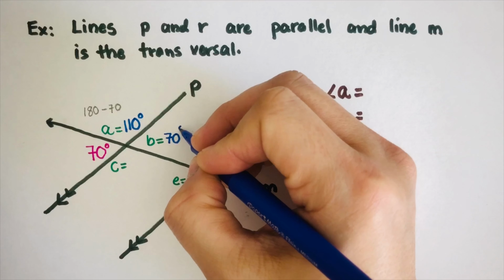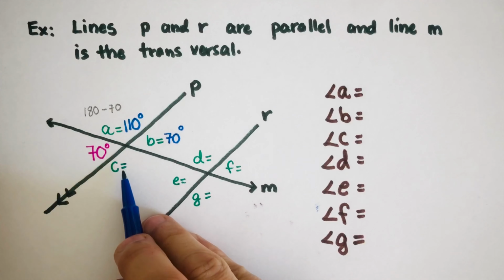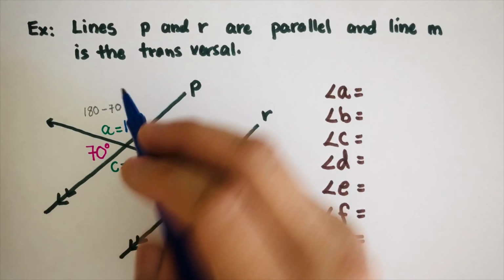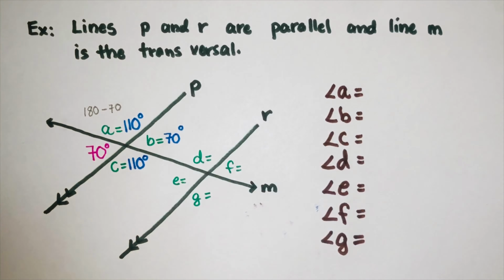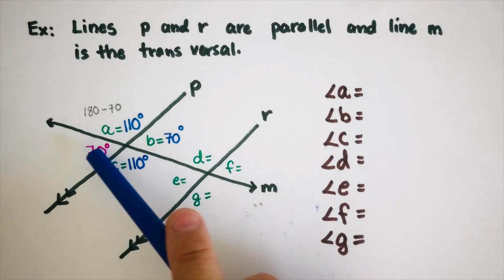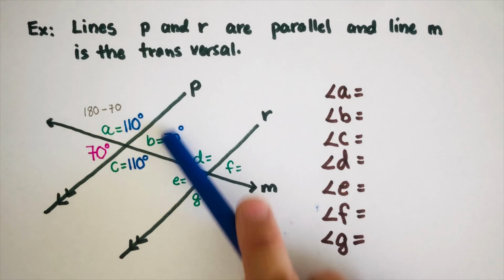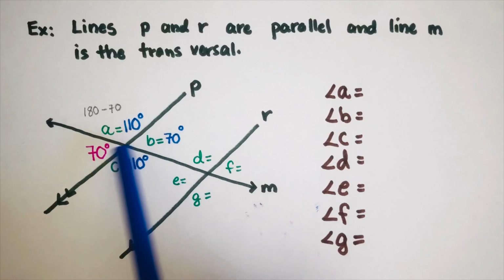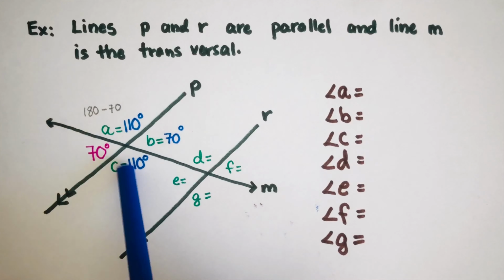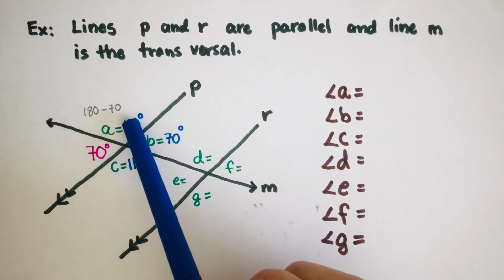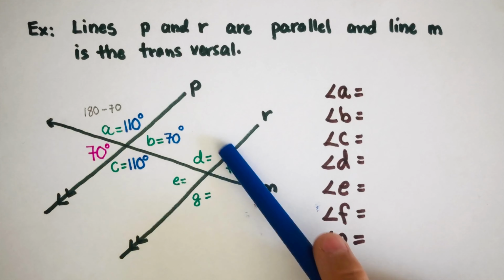So that is 70 degrees right here. And this one right here would be across from 110, so this is 110 degrees. And we completed this branch right here. Again, these two are vertical, these two are vertical, and these two are supplementary angles. Now let's fill this in.